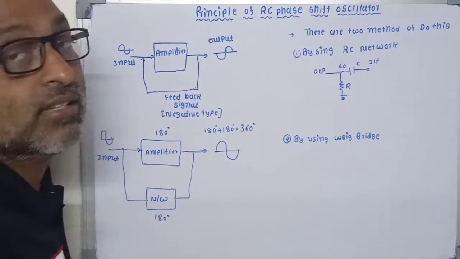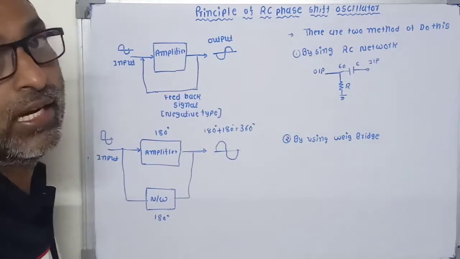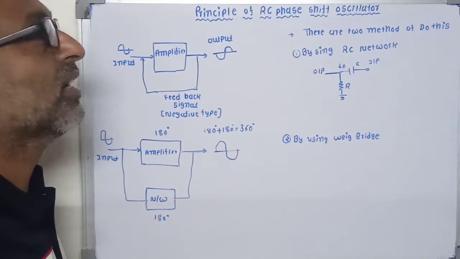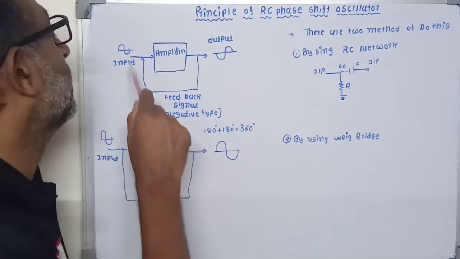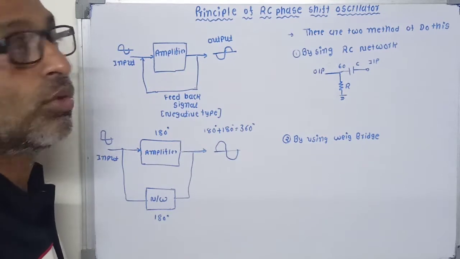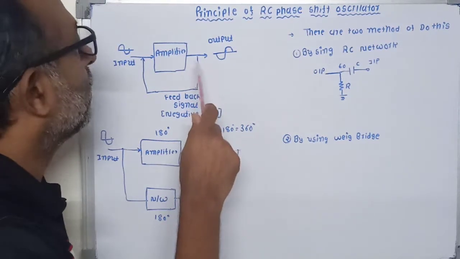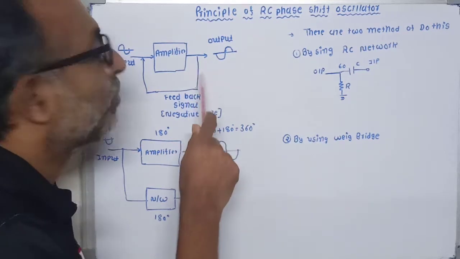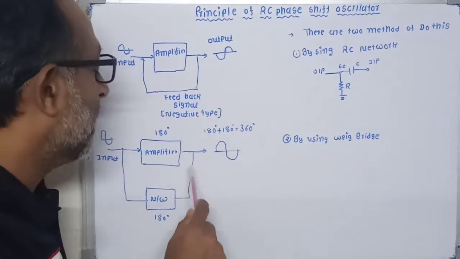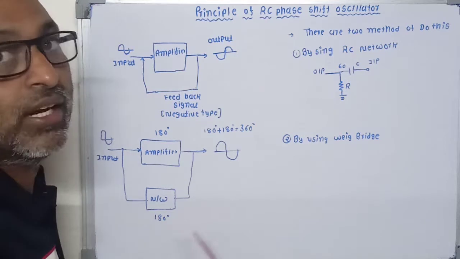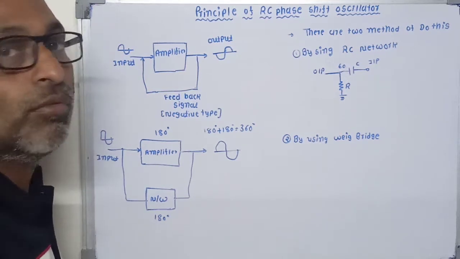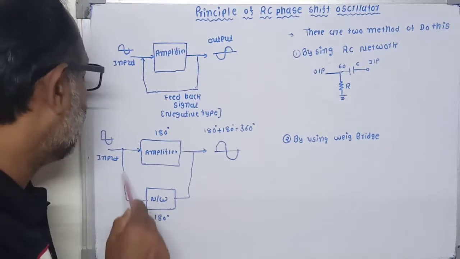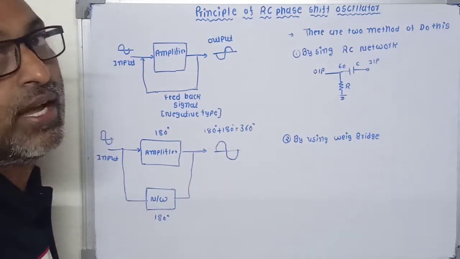So it is the essential condition for the oscillator. That means the feedback signal should be in phase with the input signal. So for that, we take the feedback signal from the output and give it to a network which provides a 180-degree phase shift, and this signal is given to the input of the amplifier.